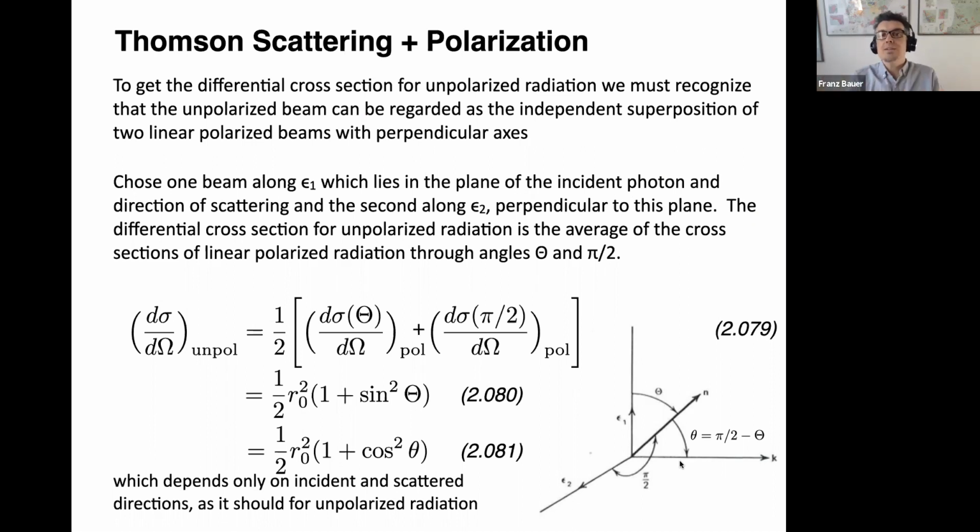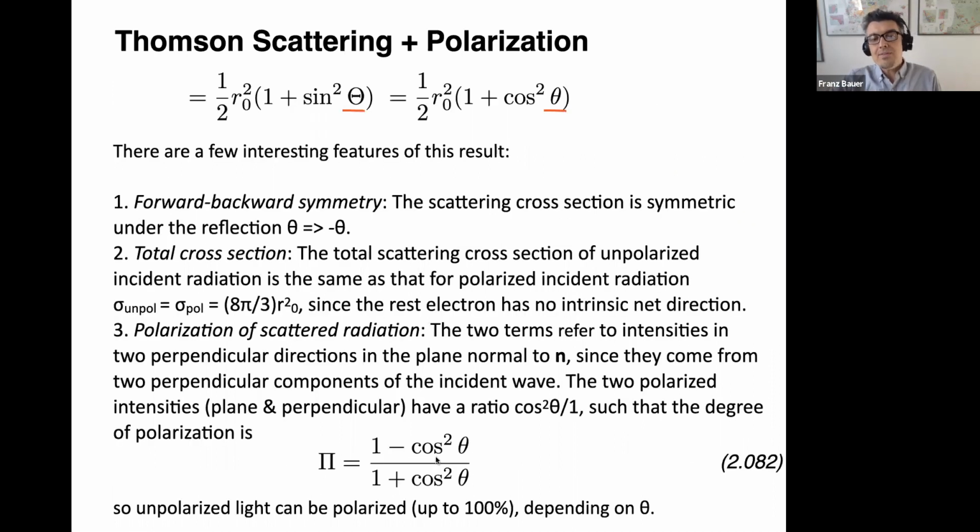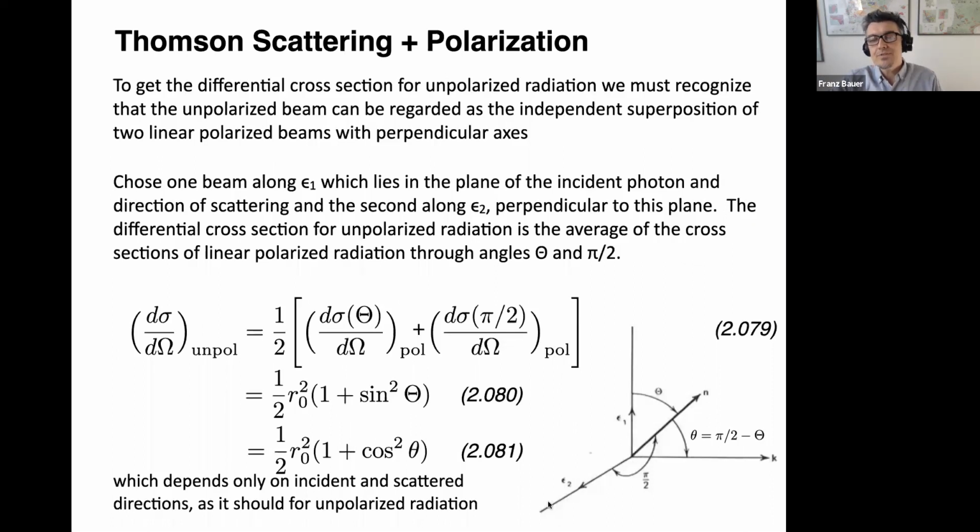If it scatters it directly back, there's no polarization. However, if theta is 90, this drops out, right? This is 0, this drops out, and you have full polarization. And so scattering in this direction gives you full polarization. So the observer sees 100% polarized light, as I was mentioning before.